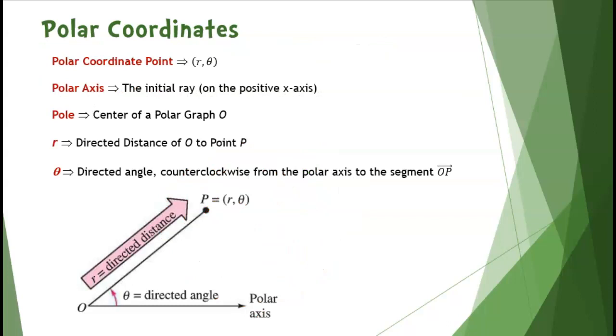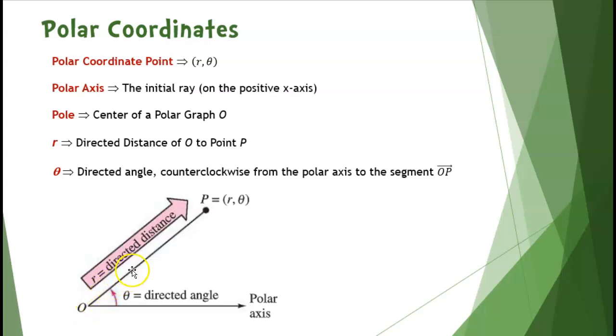With polar coordinates, there are some new words that are going to come out during this topic. The first is the polar coordinate itself, which is an (r, theta) instead of an (x, y). You're going to have the polar axis, which is this axis down here on the positive x-axis. That's called our polar axis. We have the pole, which is the center or the beginning of this graph, and in the Cartesian coordinate system we would call that the origin.